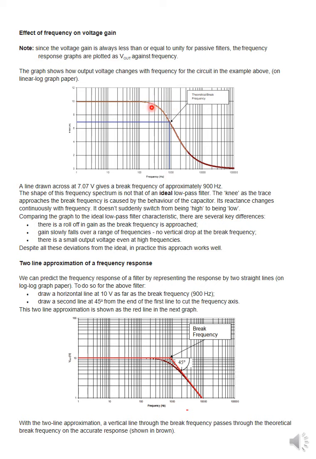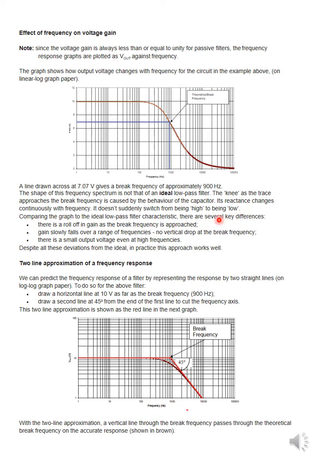It's going away from the ideal shape. If you compare it with the hyperbola we plotted, it's taking a bit of that waveform. So it's basically the presence of capacitance that brings the change in the shape of the waveform. Its reactance changes continuously with frequency. It does not suddenly switch from being high to being low.